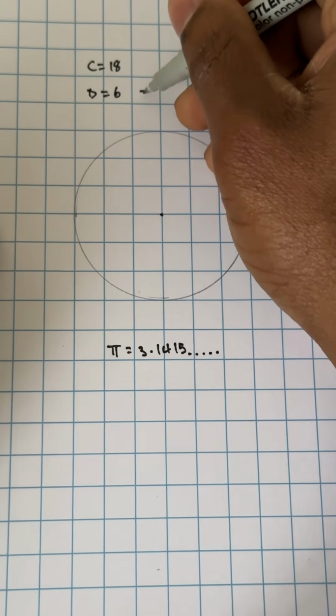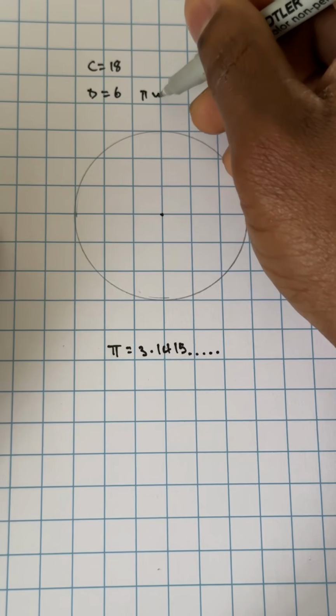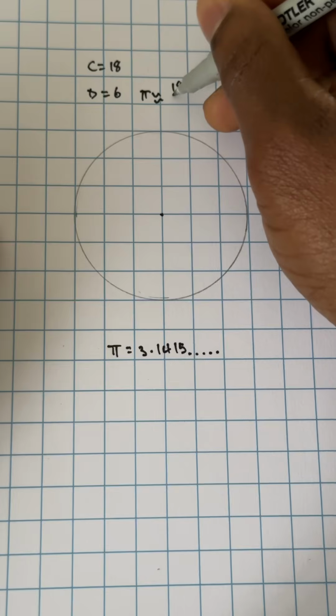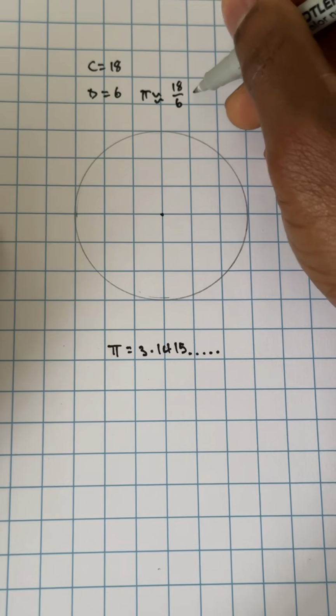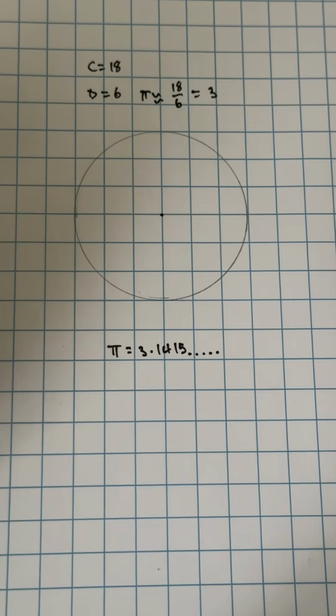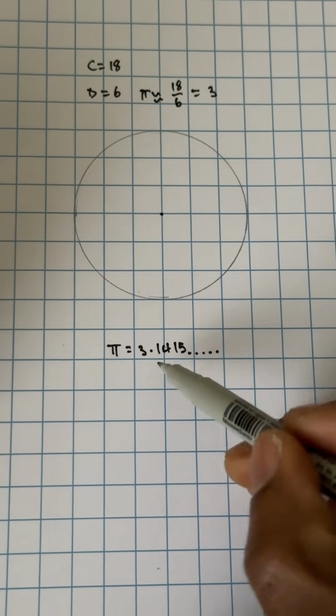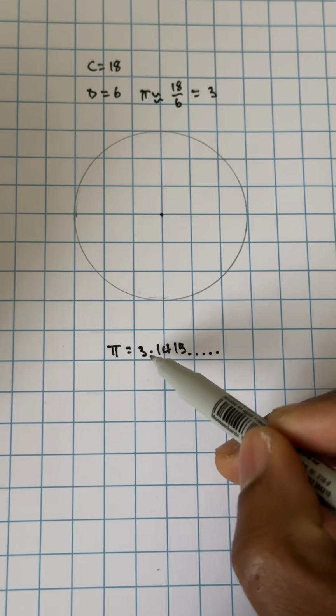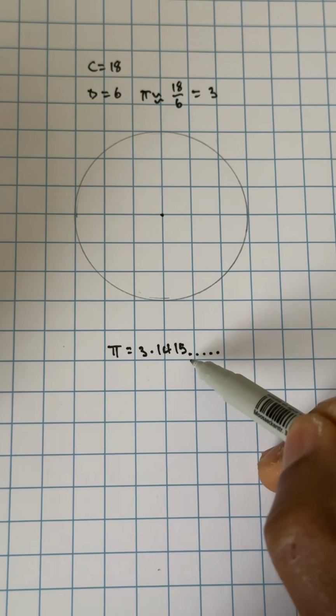So therefore, pi should be the ratio of the circumference divided by the diameter, which gives me 3. So pi in this case is 3, which makes sense because if we round it to one significant figure, pi would be 3 there as well because all of this will be gone.